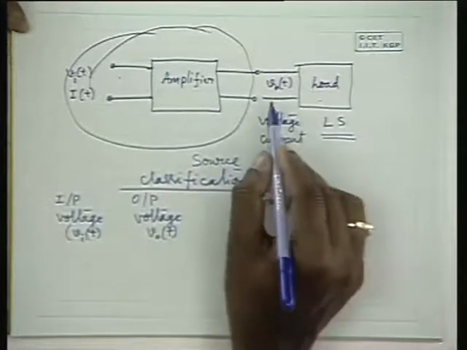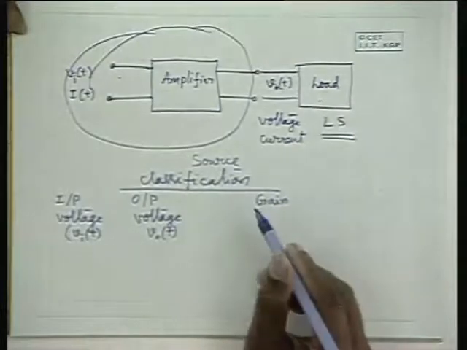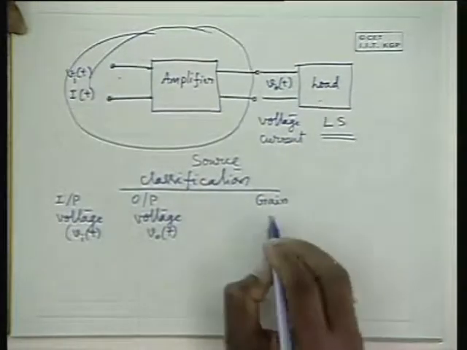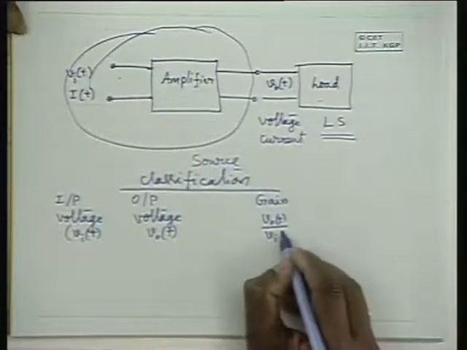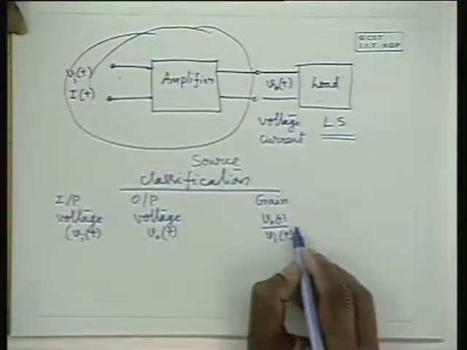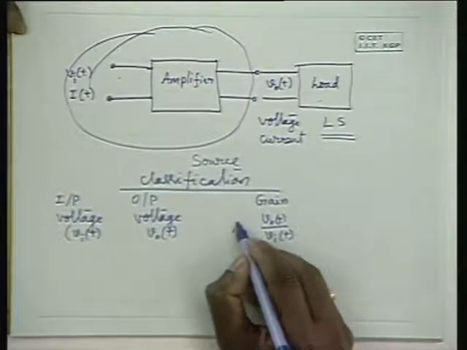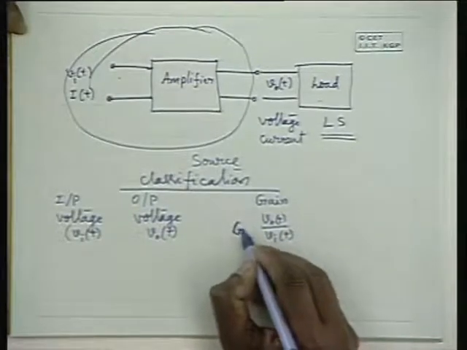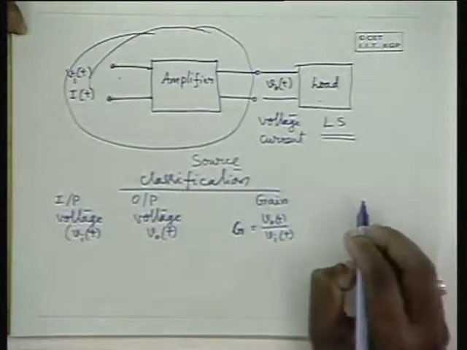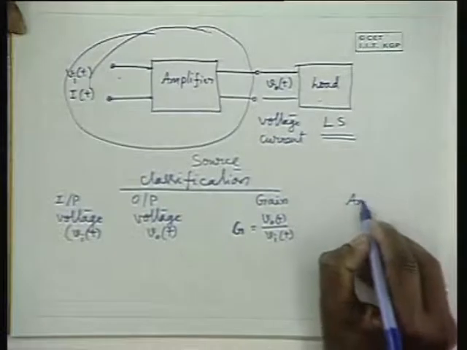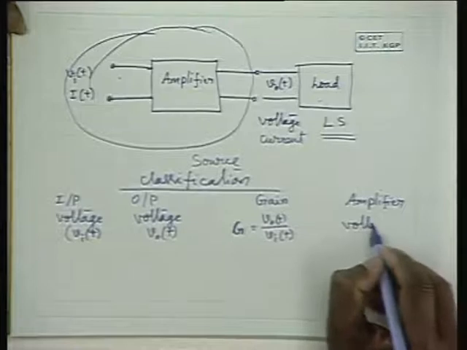So the ratio between the output and input is defined as the gain. Therefore, the gain, that means the transfer ratio between the output and input, is VOT divided by VIT. And this has no units, so G can be used as the symbol to indicate gain. And the amplifier type is a voltage amplifier.